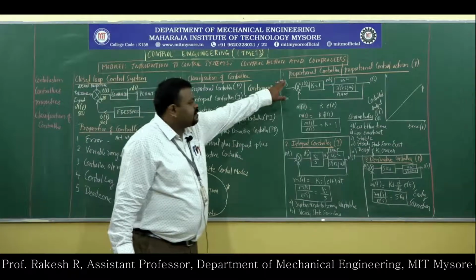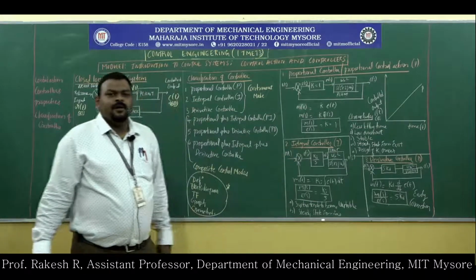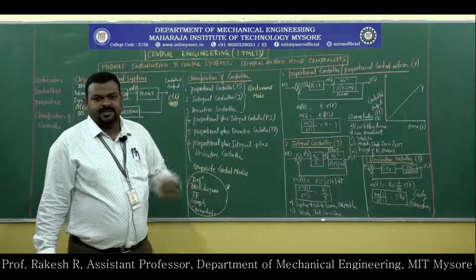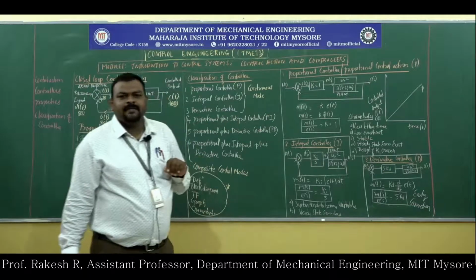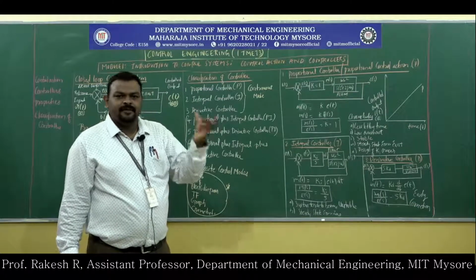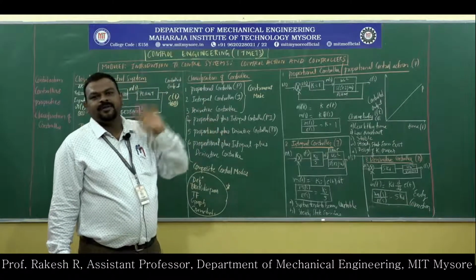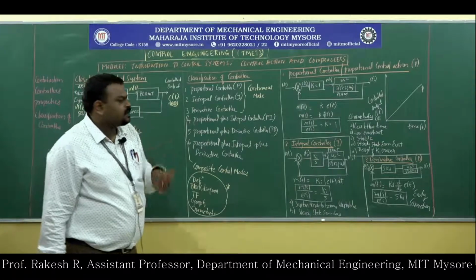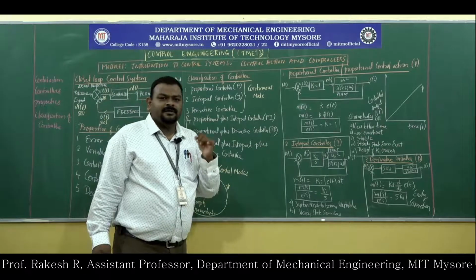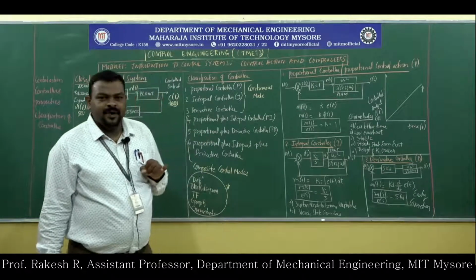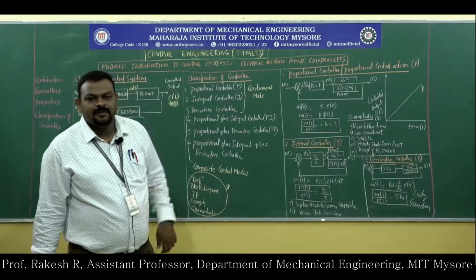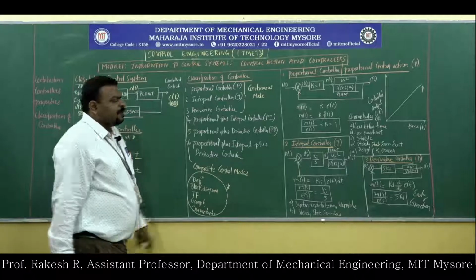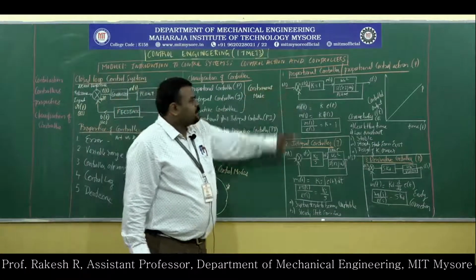Number one is proportional controllers or proportional control action. Both are the same. The name itself indicates proportional means the output is maintained proportional to the input. Whenever they ask what is a control action, you have to compare the definition of output of the controller with respect to input of the controller. The definition will be like this.